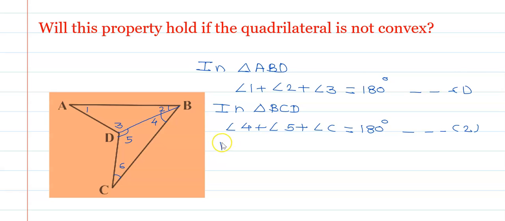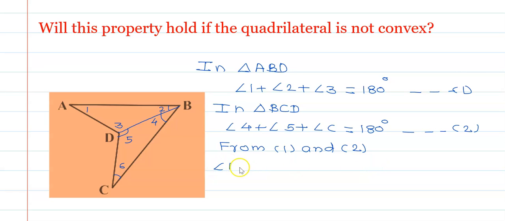Therefore, we can write here from 1 and 2, we will add their left hand sides and simultaneously the right hand sides.